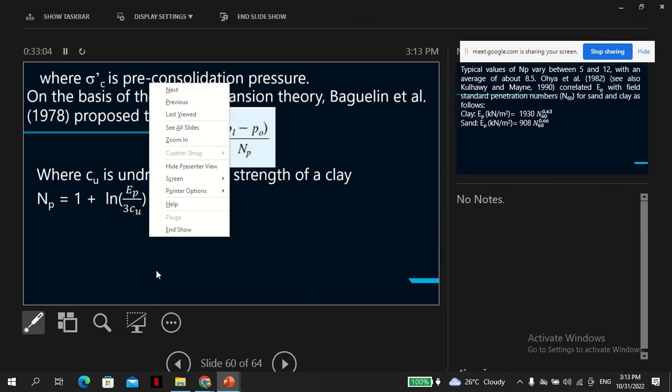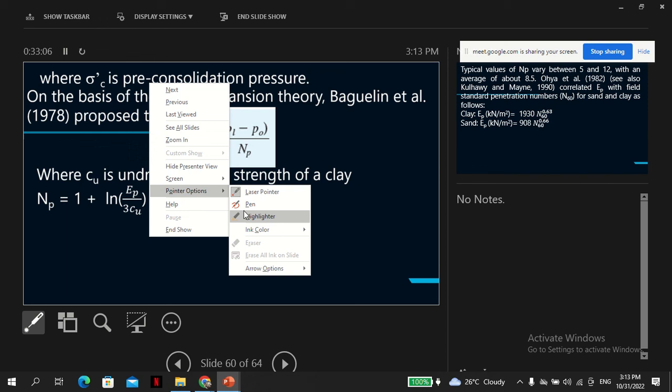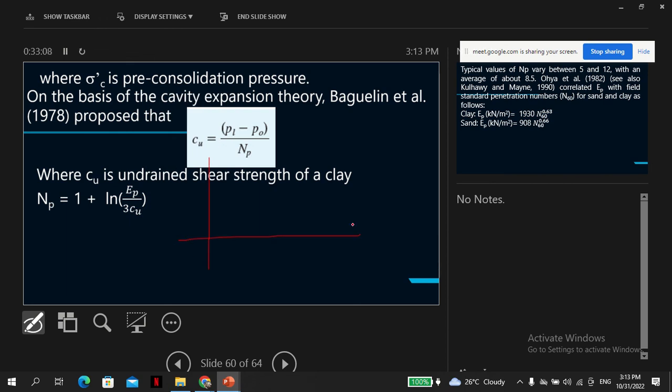I think you remember the pre-consolidation. I think I've tried to explain this pre-consolidation stress. This one, where you read off your sigma C from there.